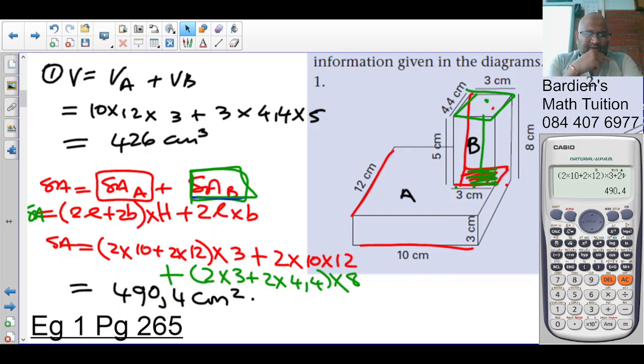The area of the sides of the larger prism is 2 times 3 times 12 plus 3 times 10 times 2. So that is correct. Surface area of the sides of the smaller prism is 2 times 4.4 times 5 plus 3 times 5.